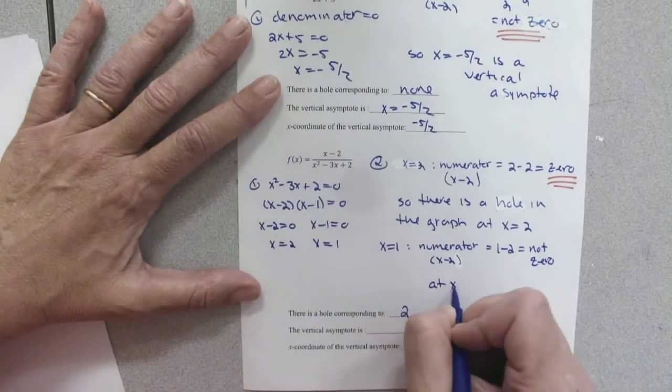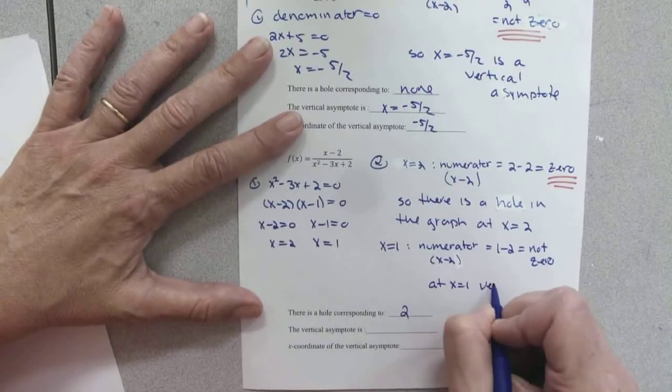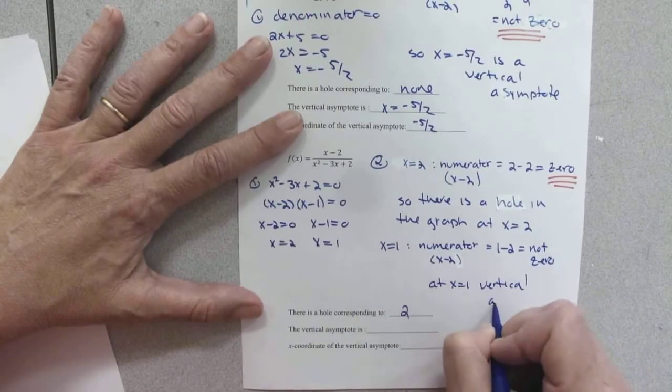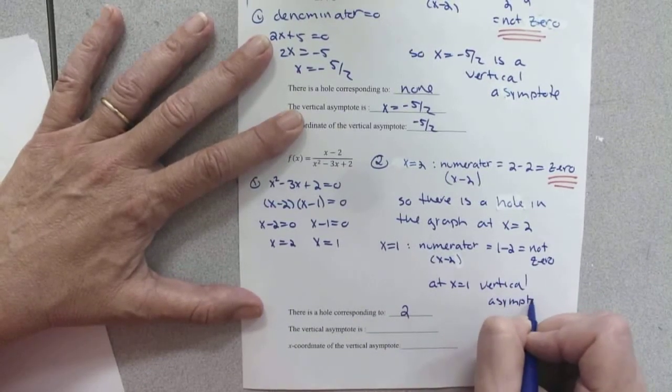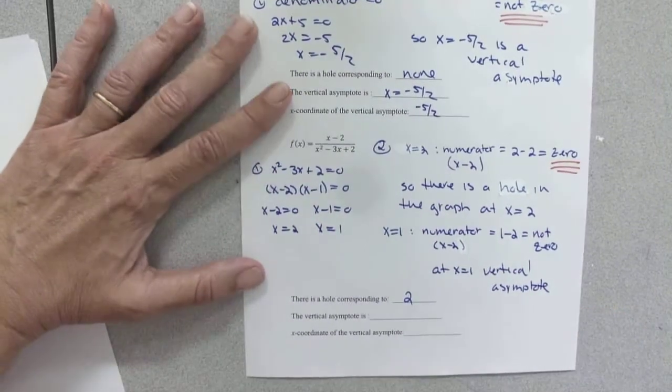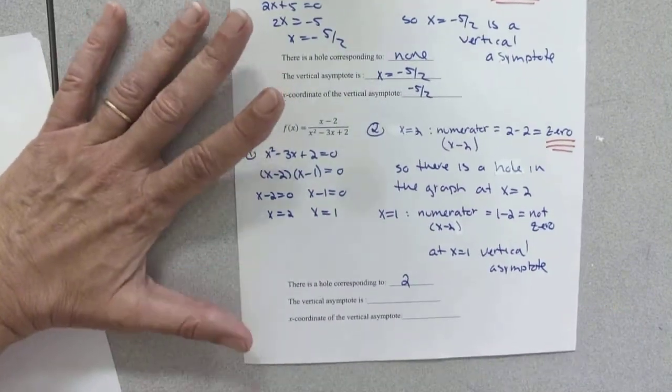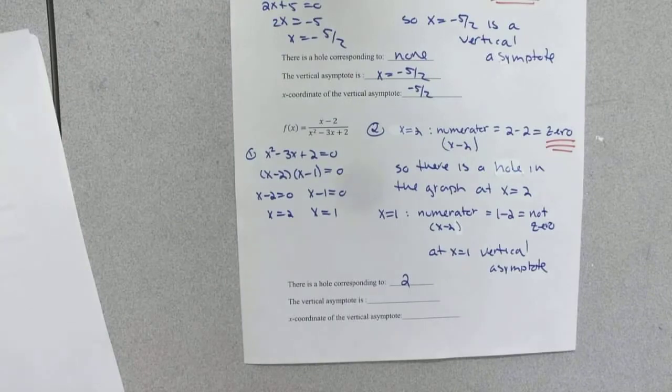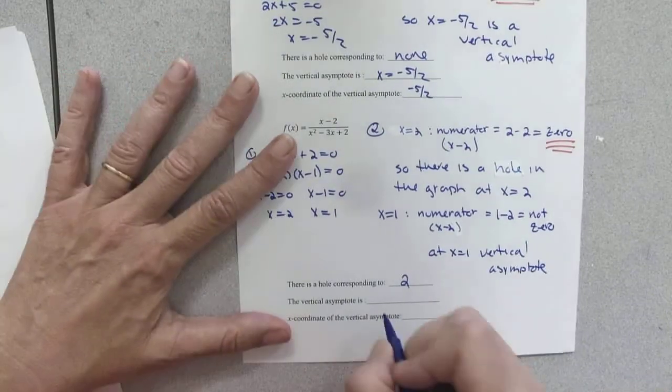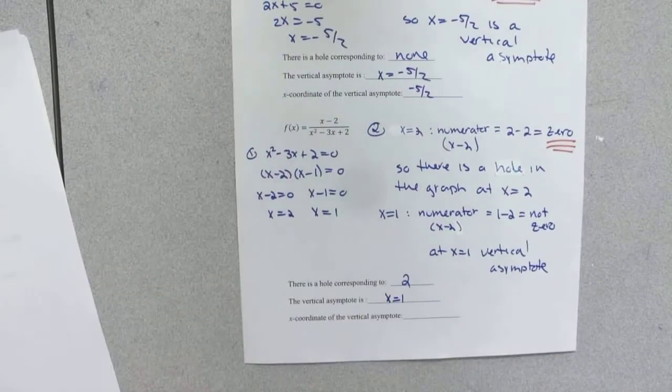And so at x equal 1, there's a vertical asymptote. Then being really careful about what they ask me: vertical asymptotes are vertical lines that have the form x equal number. So x equal 1. But if they just ask me for the x coordinate, well then just give them the x coordinate.